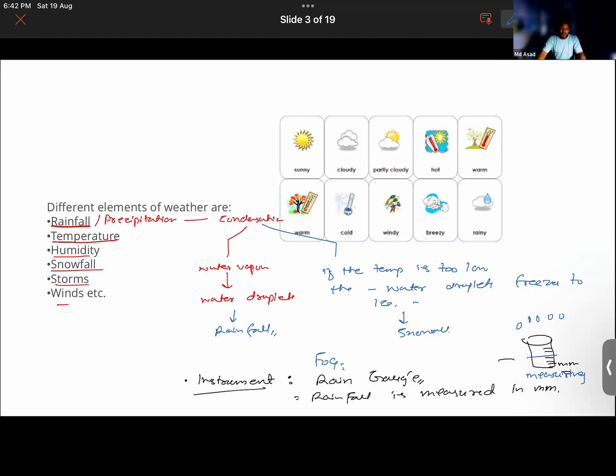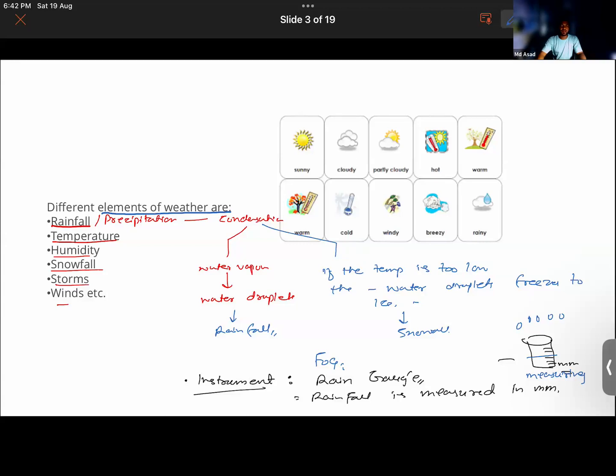Now, talking about temperature, guys. What is temperature? Remember, we are talking about elements of weather. Generally we talk about the temperature of the human body, the temperature of different substances. But in the context of weather, what do we talk about?